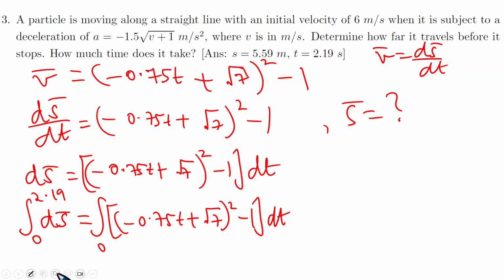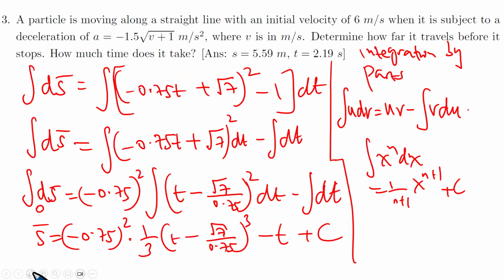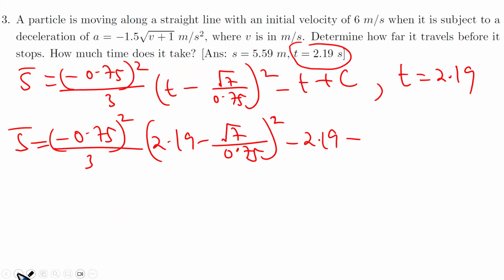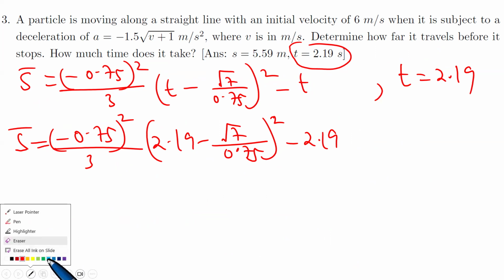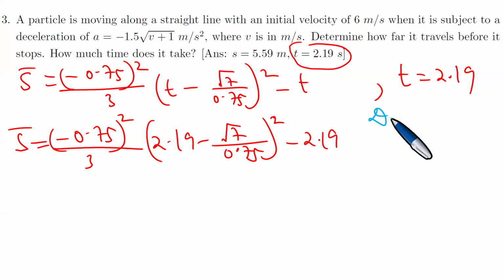Okay, I need to check this very carefully. Because we have limits of integration, we can actually admit that this constant is 0. Just take it as 0, because this kind of integral is called the definite integral, just to avoid complications.